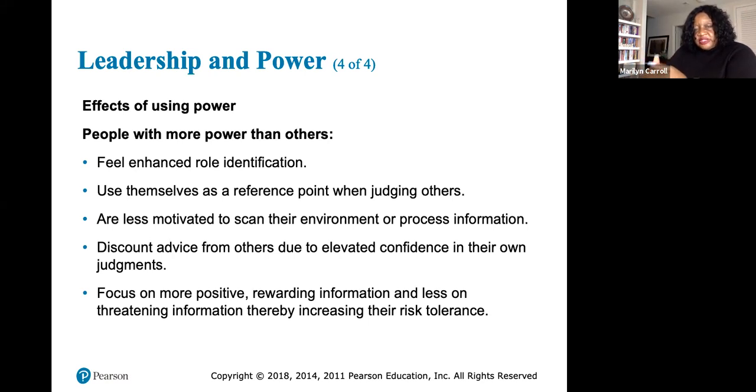They use themselves as a reference point when judging others, and are less motivated to scan their environment or process information. These are some challenges, guys, and you've got to watch it. They discount advice from others due to elevated confidence in their own judgments, and focus more on positive, rewarding information and less on threatening information, thereby increasing their risk tolerance.